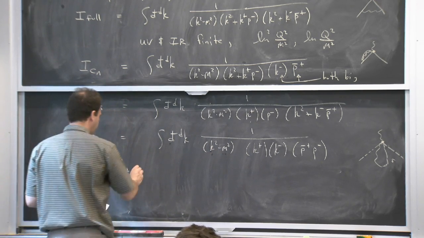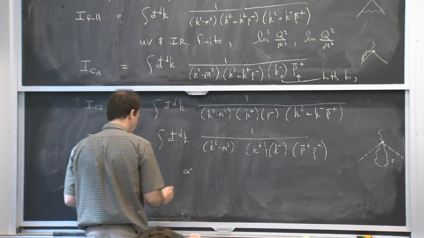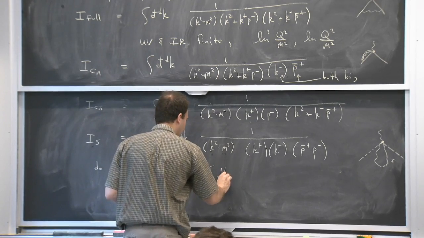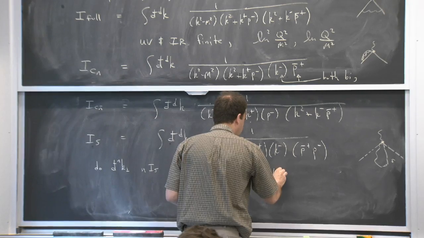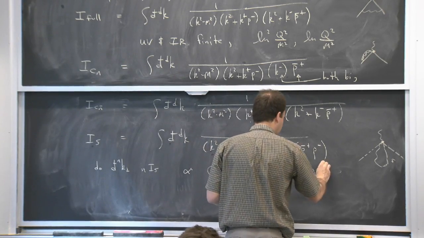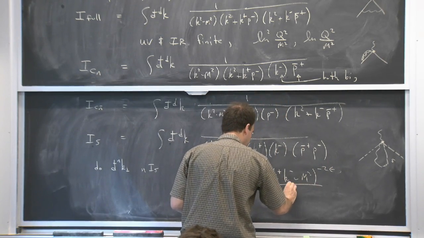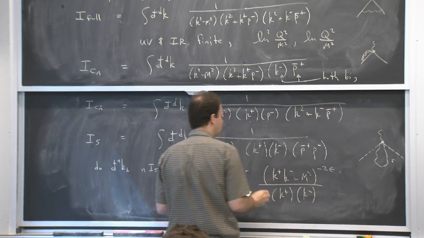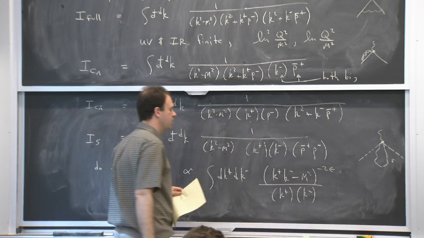And so if we do the perp with dim reg, we would end up proportional to something that's dk plus, dk minus, k plus k minus minus m squared to some power of epsilon, divided still by the factors of k plus and k minus. So you see that the invariant mass is being regulated. We just did the perp.